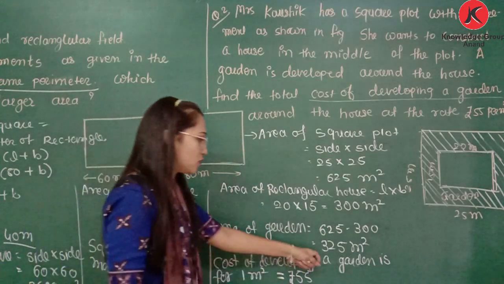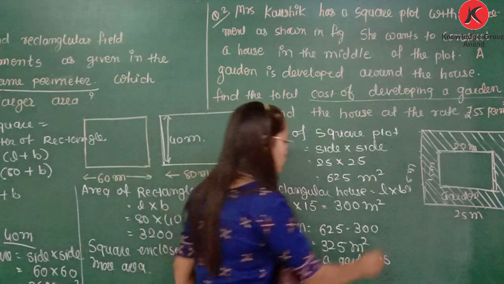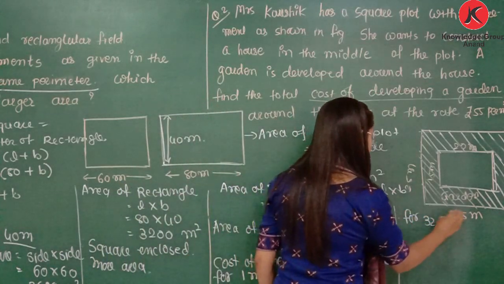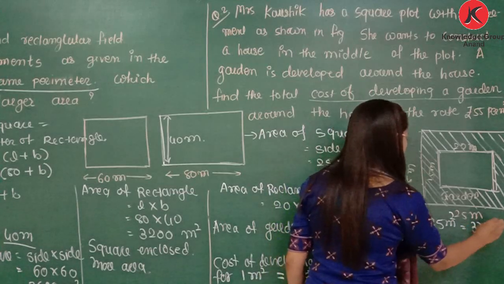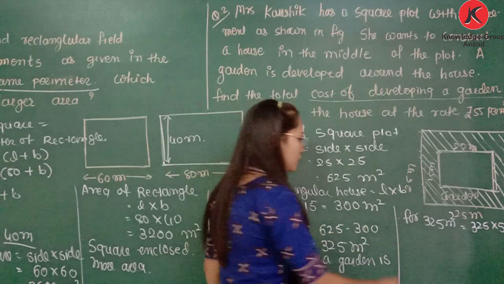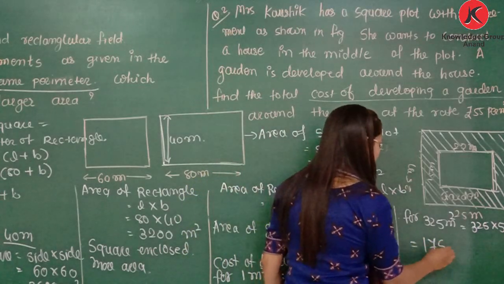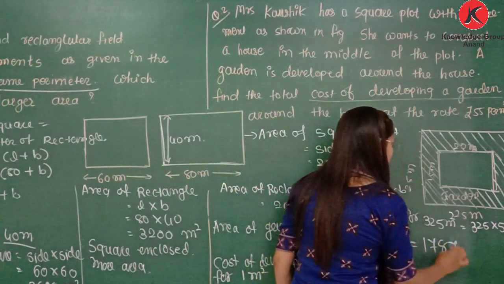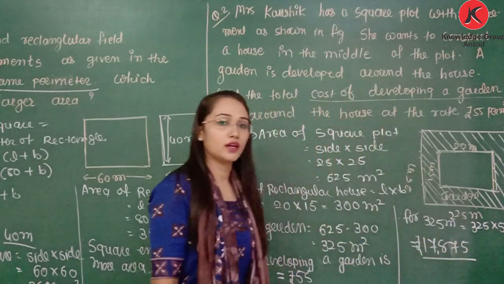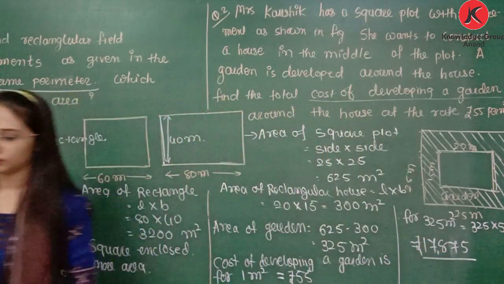So we need to find the cost for 325 meters squared, which is 325 multiplied by 55. If we multiply 325 with 55, we will get 1785 rupees. So this is the cost of developing a garden around the house.